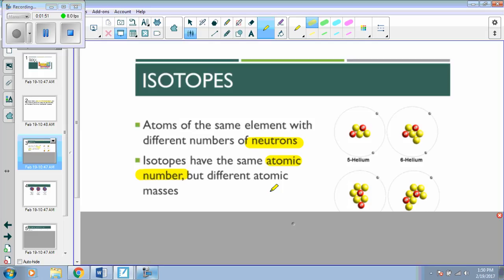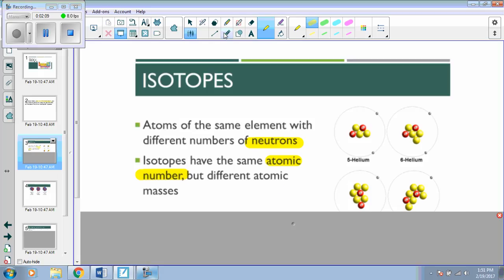Going back to carbon, you see that 6 protons are consistent all the way throughout. If I were to change it, add 1 more, I'm going to change the entire element and move to nitrogen. So again, with your isotopes, you're still going to have the same atomic number, but of course now your atomic masses are going to vary.